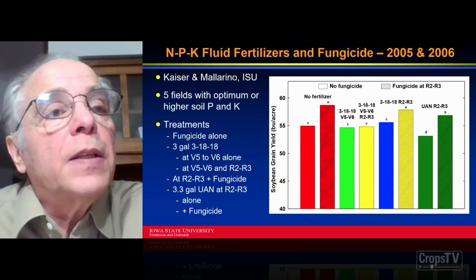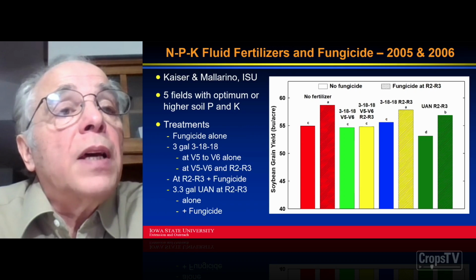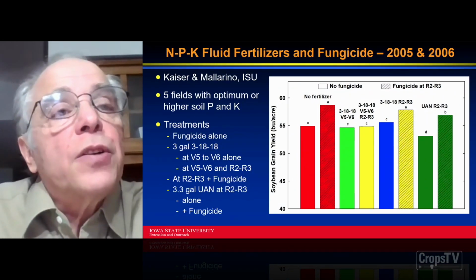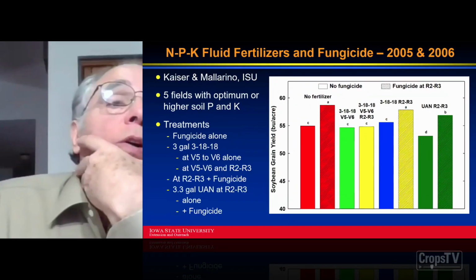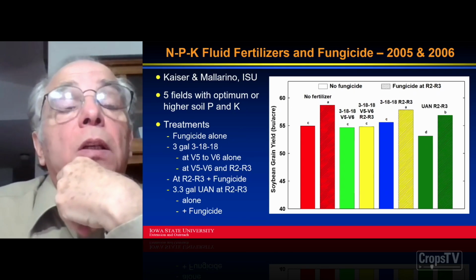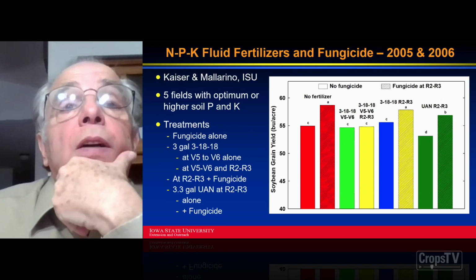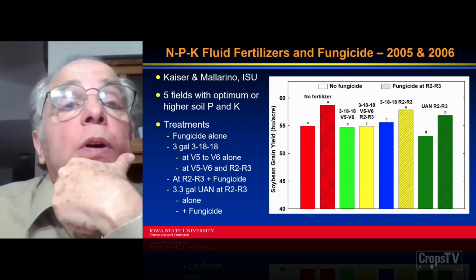And people were talking at the time about fungicide, that sometimes fungicide increases yield even when there is no major disease incidence, because it could be like a growth regulator or something like that. So we tried all these things. The dashed bars are the fertilizer and the fungicide applied together at R2 or 3.